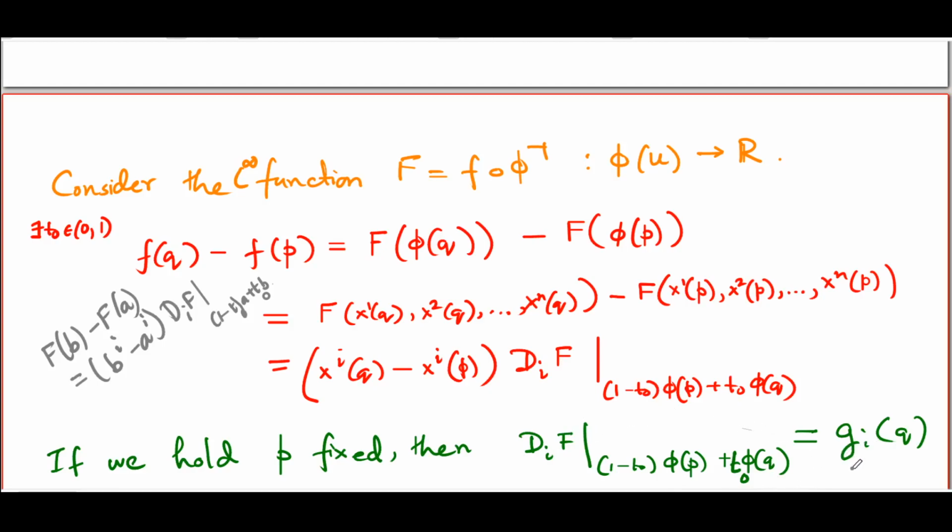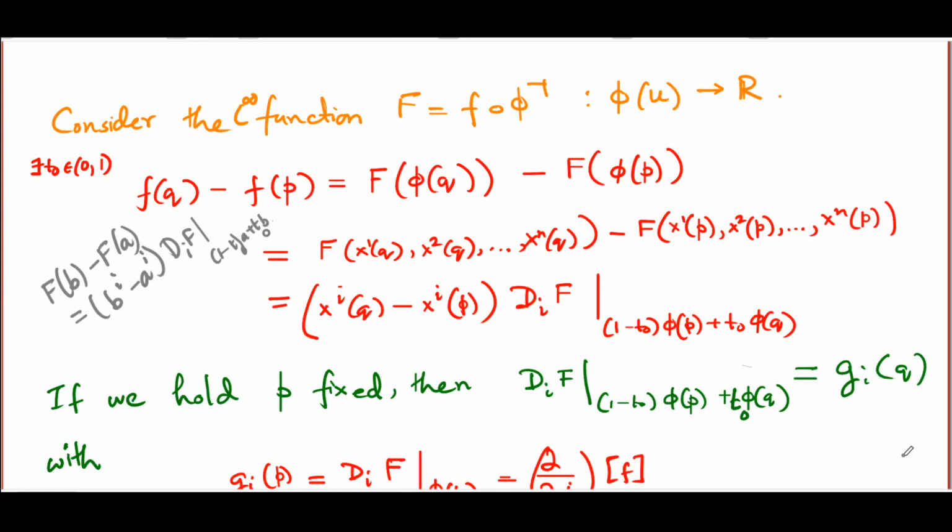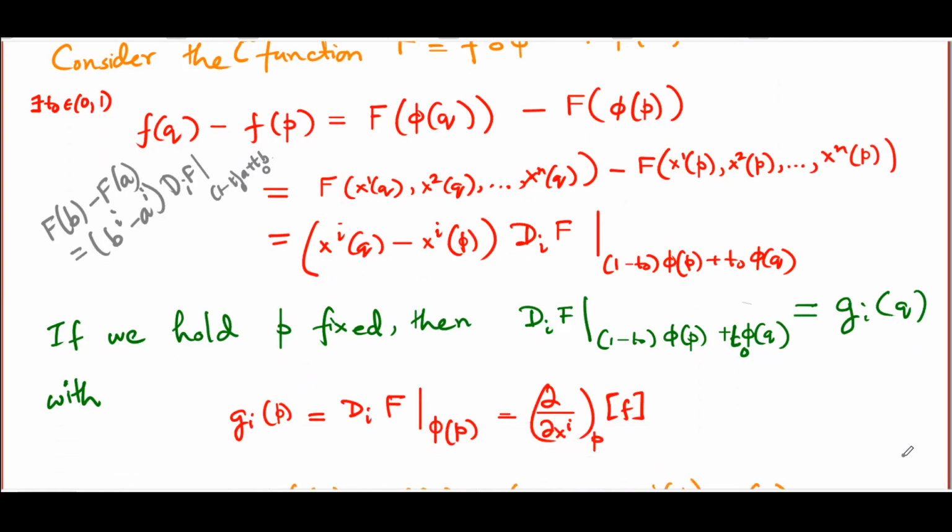So ultimately, this thing is some function of q. In fact, for the ith partial derivative, this is going to be the ith function gi(q). So I'm defining this to be gi(q). And as a result, what we have in addition is the following. If you were to evaluate gi, this function, at point p, you are sure of what value you are going to get.